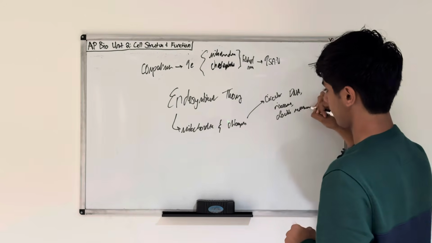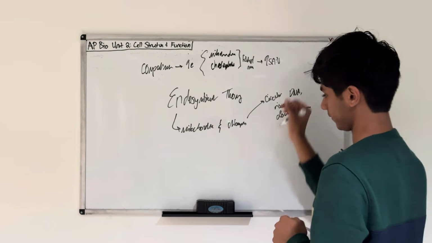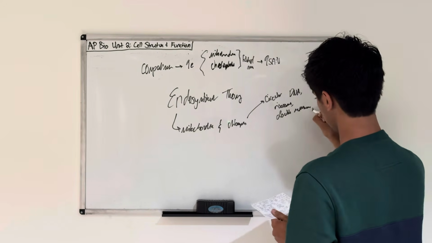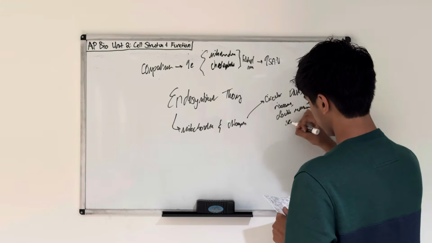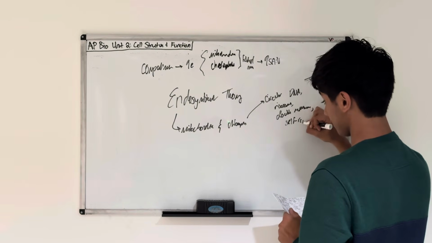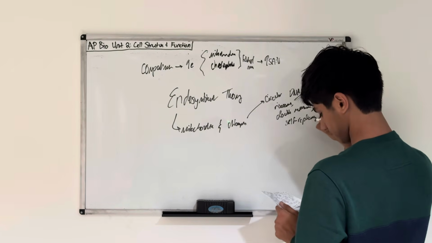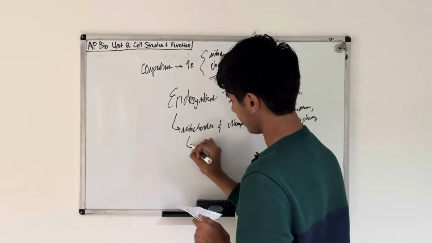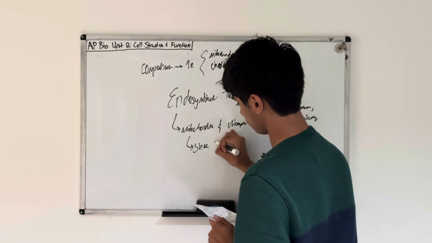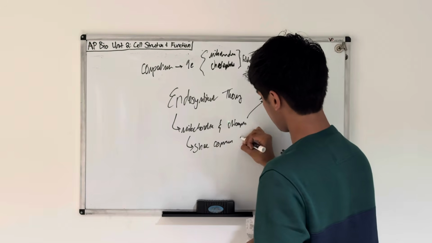So we have the outer membrane, inner membrane, and we have the little thylakoids in there. And because they're self-replicating and share these characteristics, we believe them to share a common ancestor, so they both come from the same ancestor.